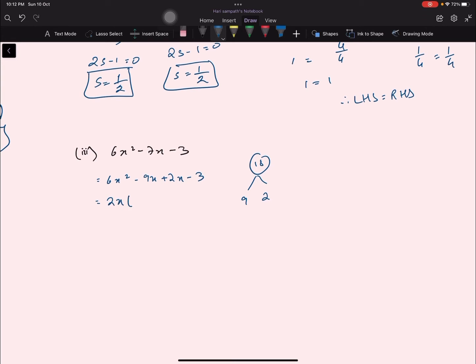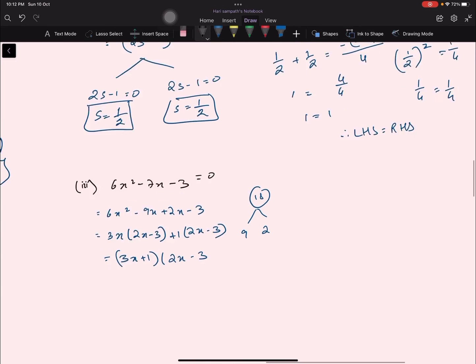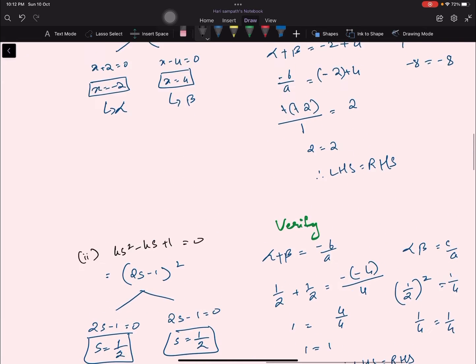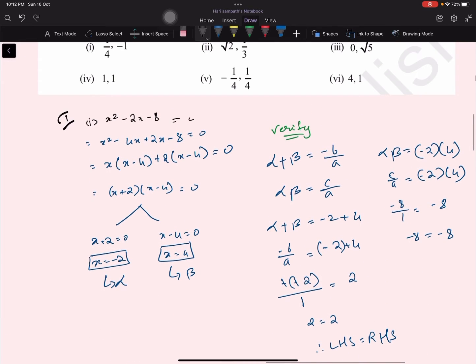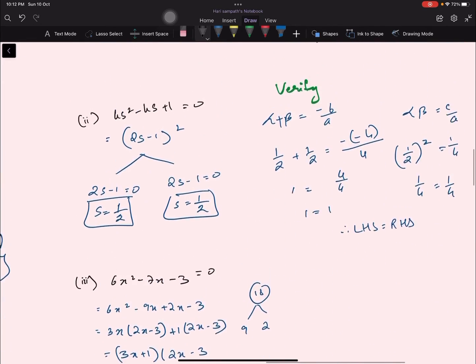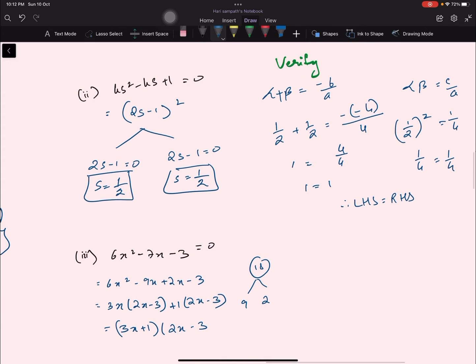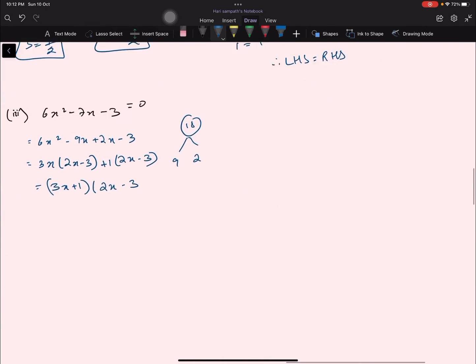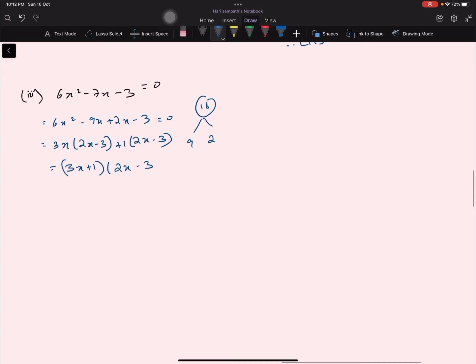So if I take 3x as common, 2x minus 3. And if I take plus 1, it will be 2x minus 3, because 2 and 3 have nothing in common. So (3x plus 1) into (2x minus 3). I forgot to add equals 0 here, even over here. Yes, for everything we have to write equals 0. This equals 0.